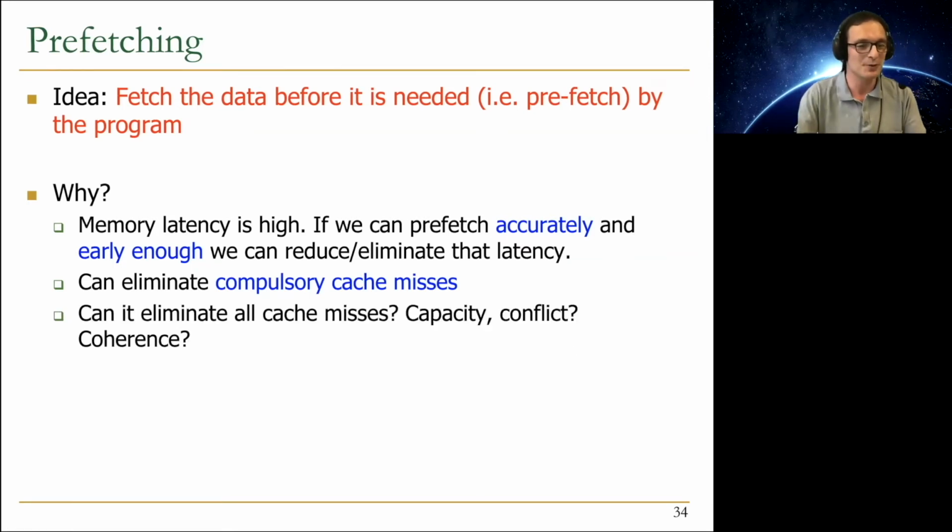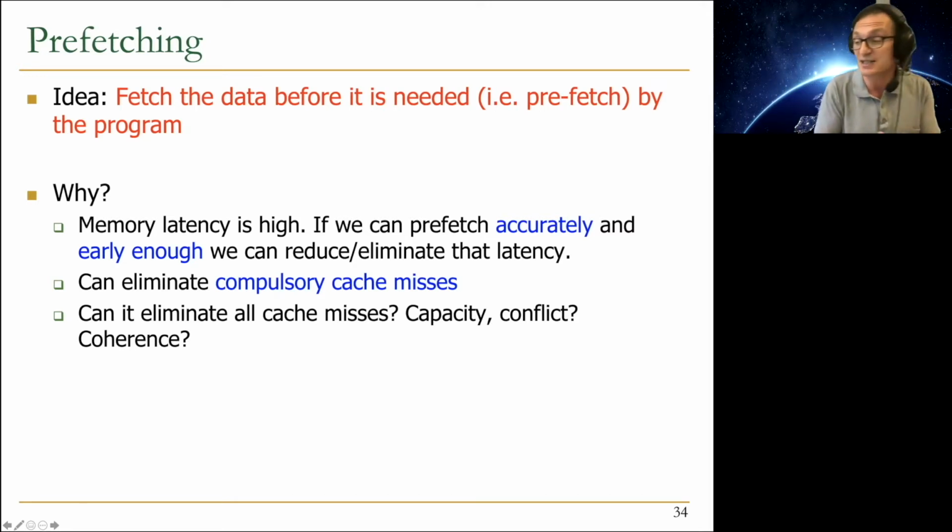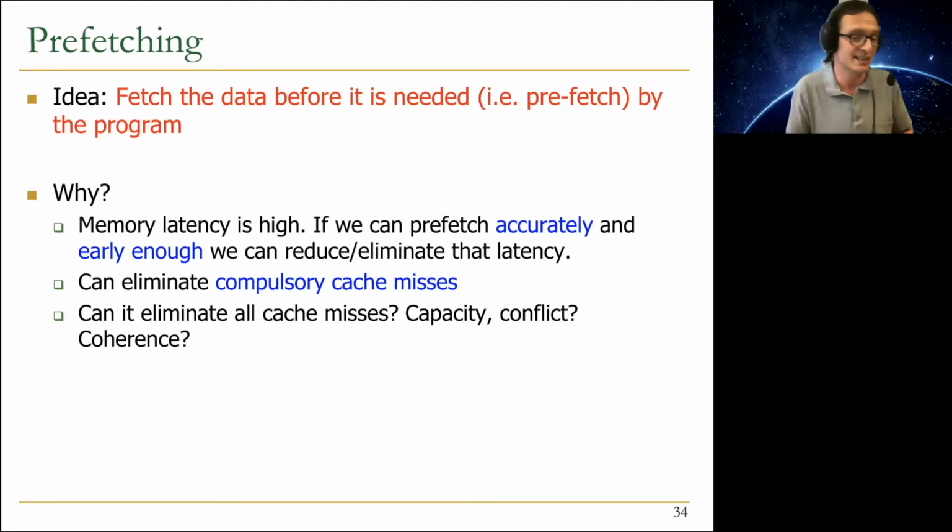There's a rhetorical question over here. Can it eliminate all cache misses? And remember, we classified cache misses into compulsory, capacity, conflict. Compulsory is the first reference to a cache block, and you can eliminate that with prefetching. Capacity misses you can also eliminate. Conflict misses you can also eliminate with prefetching. Basically, you just need to accurately predict the access pattern of the program such that you get the data just before it's needed by the program.